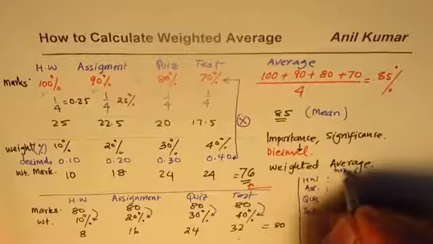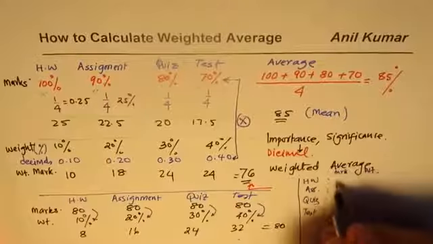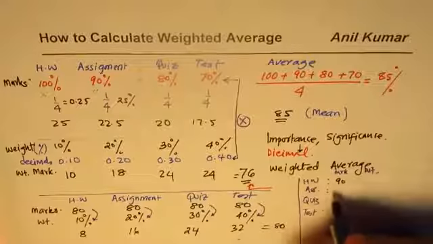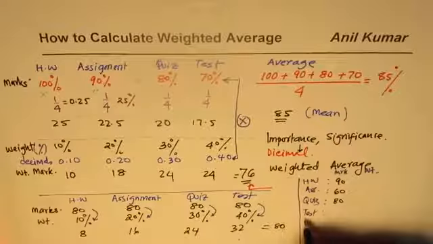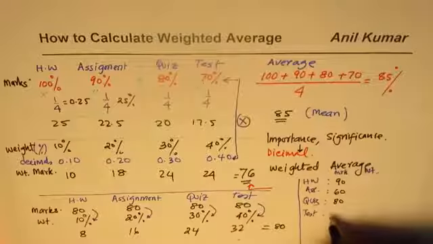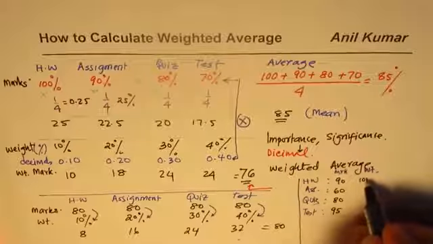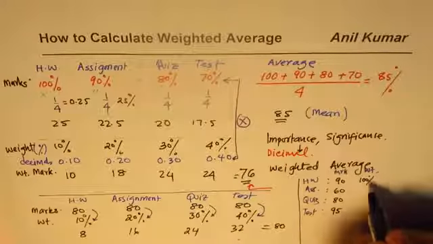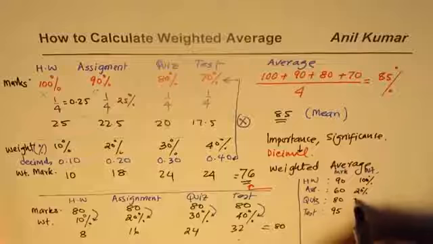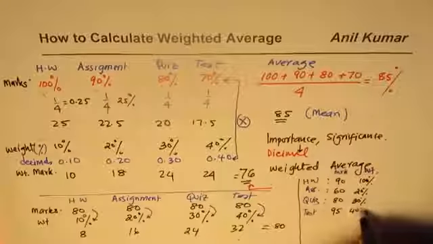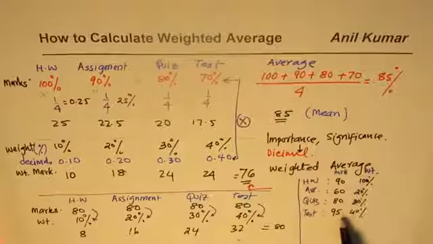Marks are, let's say, homework 90, assignment 60, quiz 80, and test, let us say, 95. And the weight in this particular case is 10%, 20%, 30%, and 40%. Same weight as we have taken in our example. What do you think will be the weighted average here?